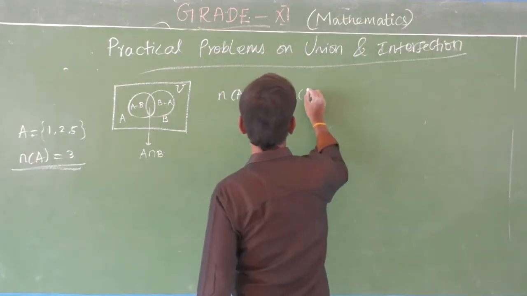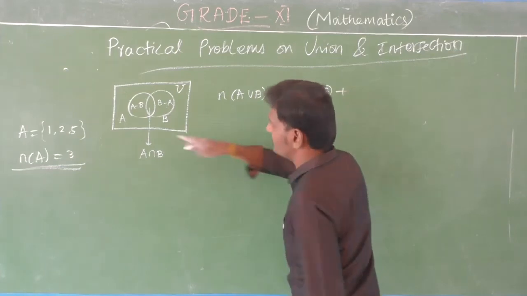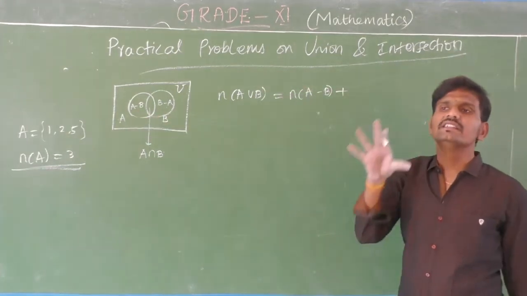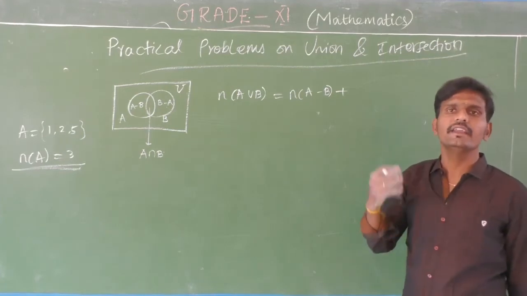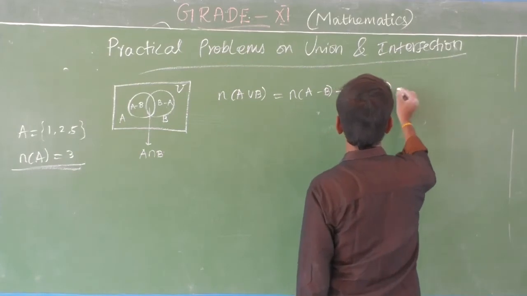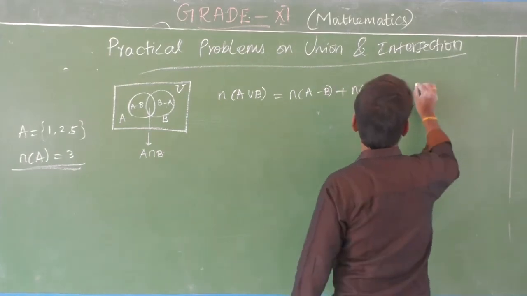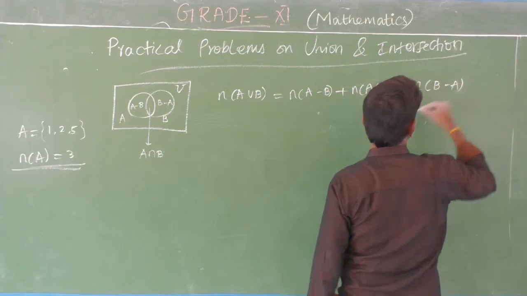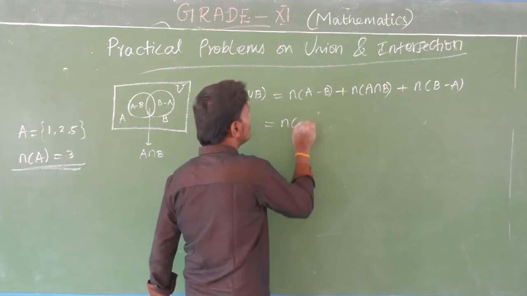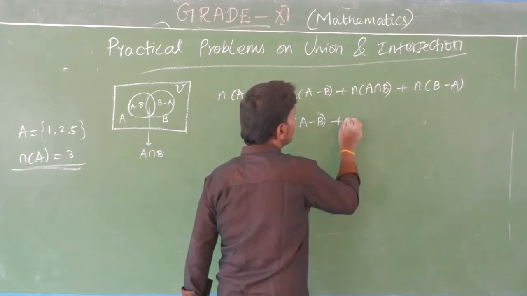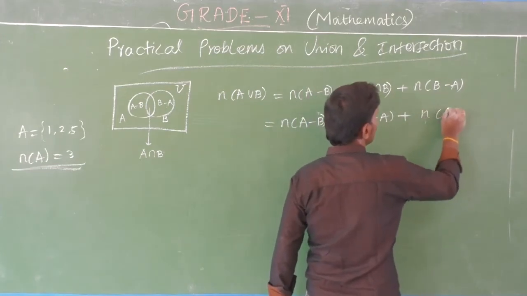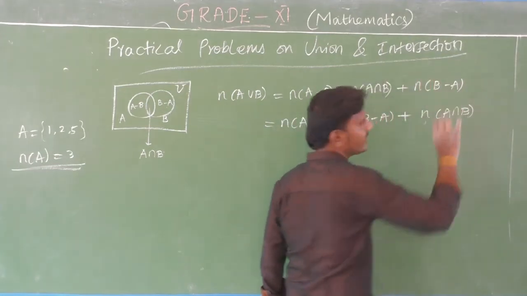First, n of A minus B, the number of elements in the set A minus B, plus n of A intersection B, plus n of B minus A. Listen carefully, all of you. Now n of A minus B plus n of B minus A plus n of A intersection B. The intersection portion I am taking at last.